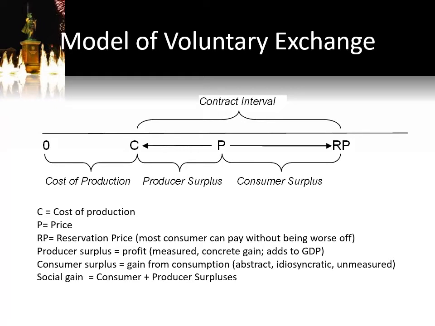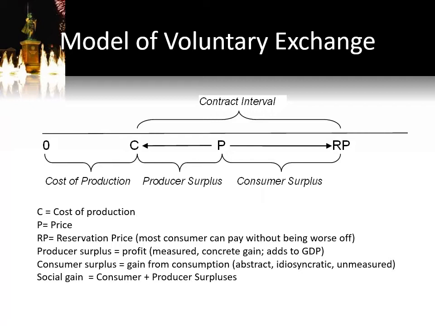And the key insight here is that there are two surpluses. We have this other thing called consumer surplus. When you buy something that is worth more to you than the money you're giving up for it, you're better off; you have gained value.